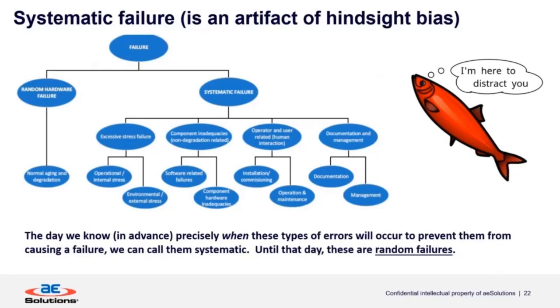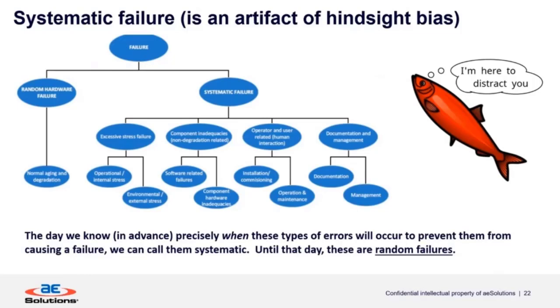So the point on this slide is instead of calling these systematic failures, these are really failure modes. And the important thing is to determine whether they truly have an age-related failure pattern or non-age-related failure pattern, which is random. And for the age-related failure patterns, those aren't random because those are coupled directly. We know when.